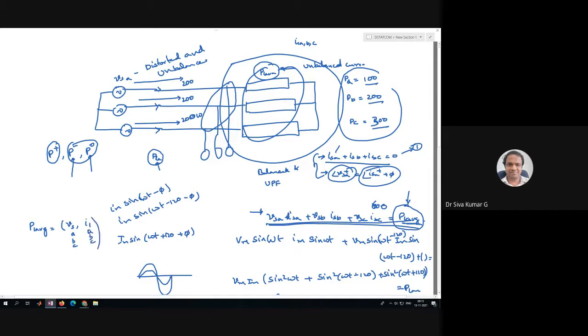These are the things we need to know in order to estimate the PL average power. Why we need this equation is in order to supply the negative sequence component of the real power and the zero sequence component of the real power.